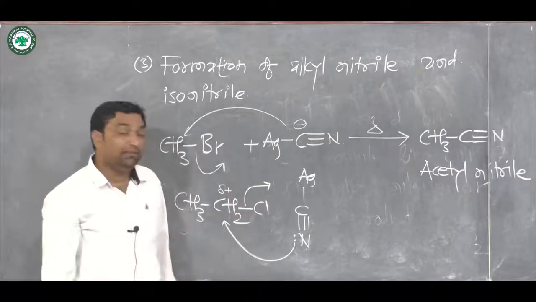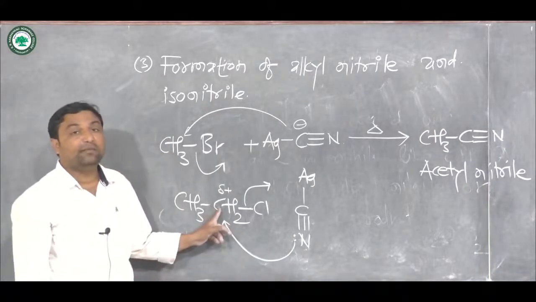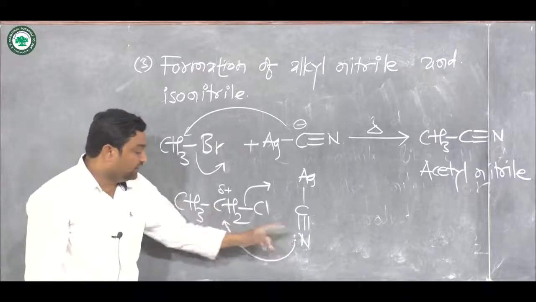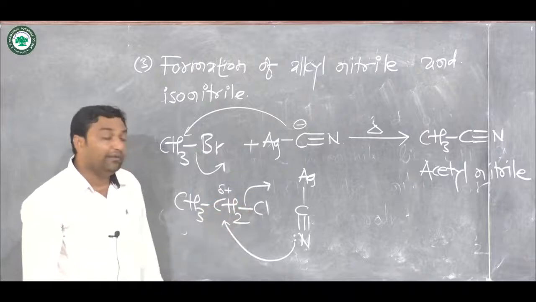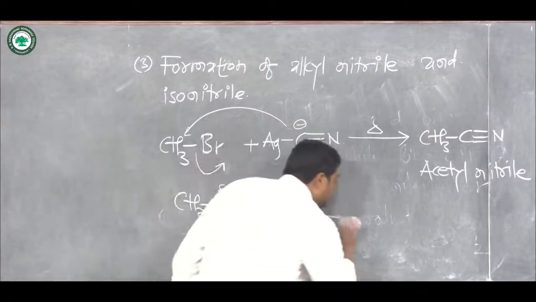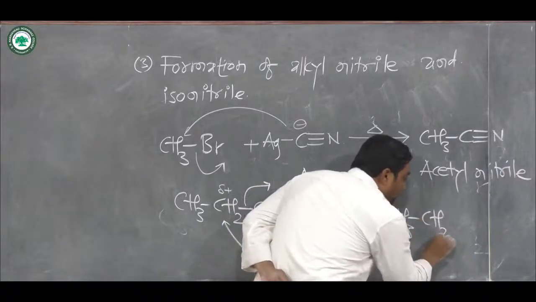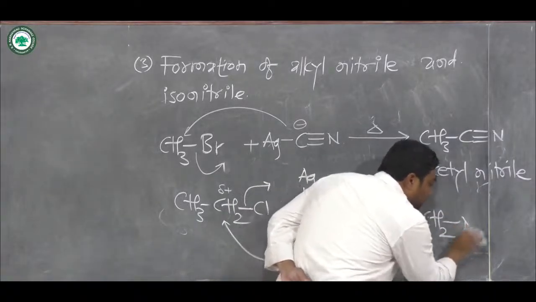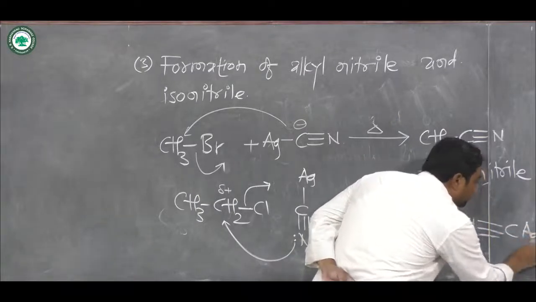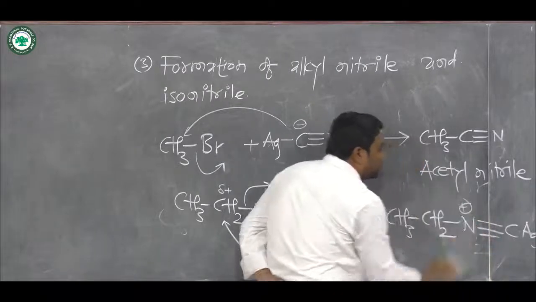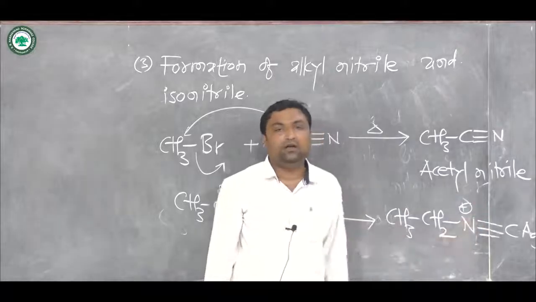When this nitrogen attaches to this carbon atom, the chlorine is eliminated, and we obtain ethyl isonitrile as a product.